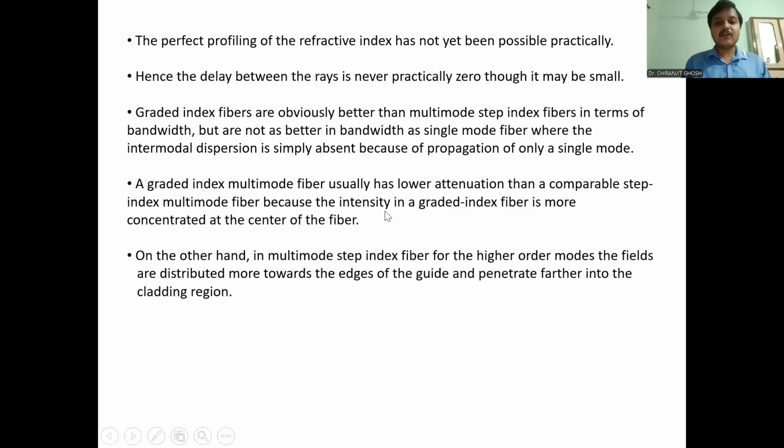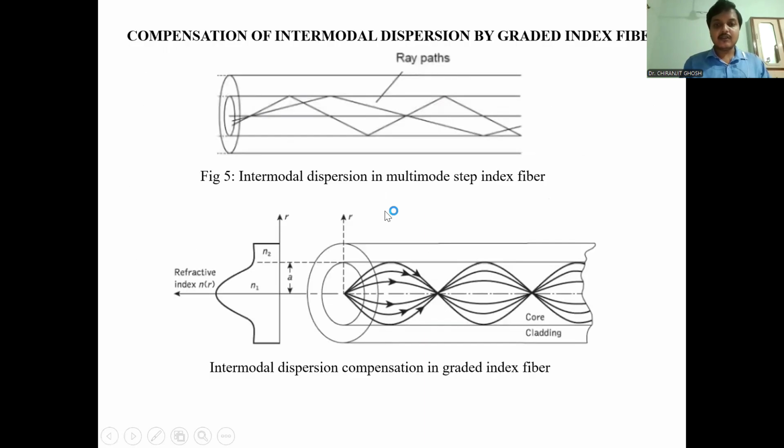You can see from the diagram: this is a step index fiber and this is a graded index fiber. In the step index fiber, every ray, whether higher order or lower order, except the axial ray, is touching the cladding boundary.